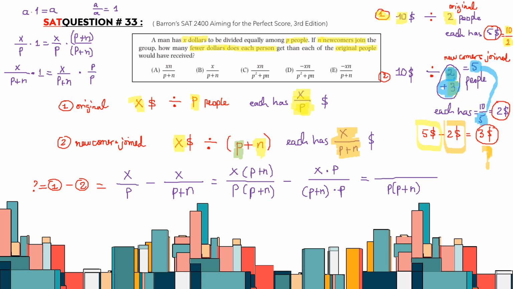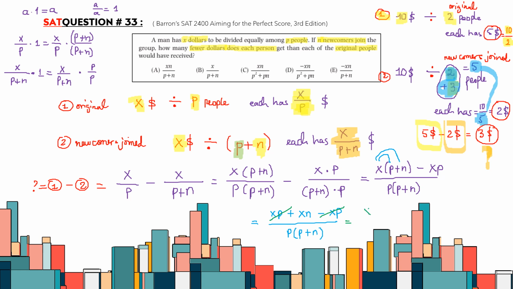Now we have X times P plus N minus XP. Distributing, X times P is XP, plus X times N is XN, then minus XP, over P times P plus N. Now we see XP minus XP, that's gone.